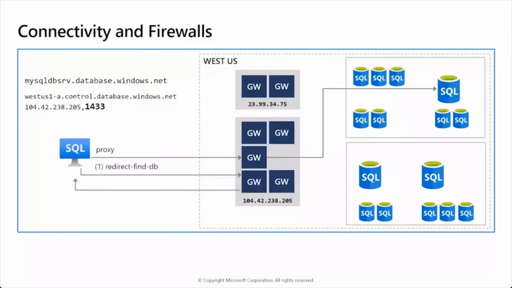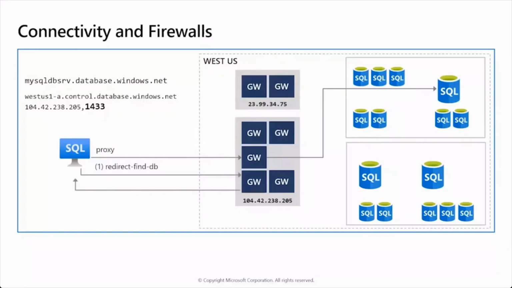And so service tags is essentially a group of IP address ranges that's specific to a particular Azure product or service. Now, it also needs to allow outbound communication from the client to the Azure SQL Database Gateway IP address on port 1433.